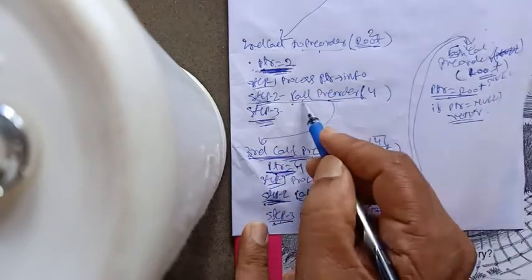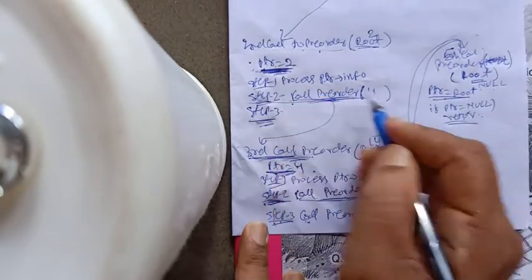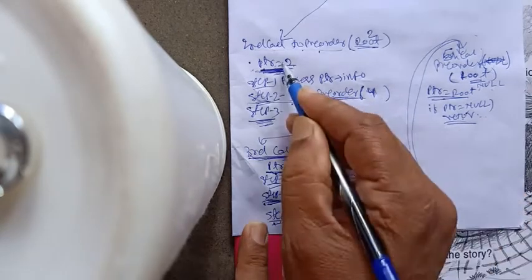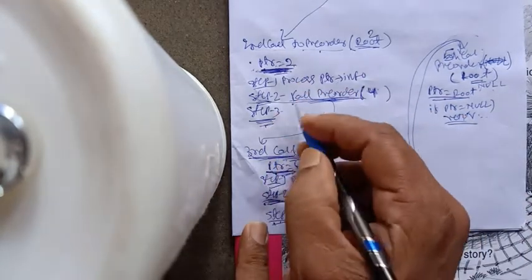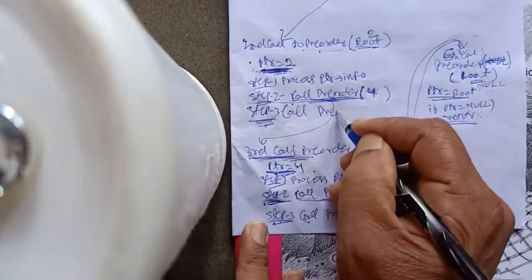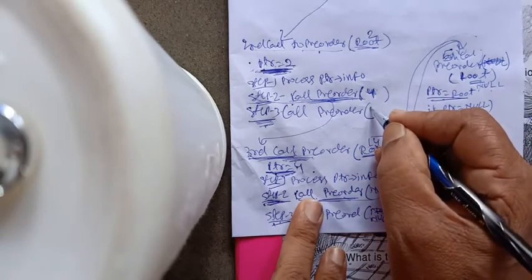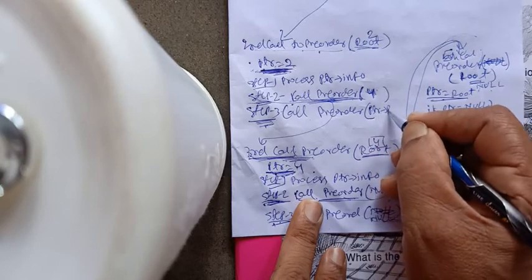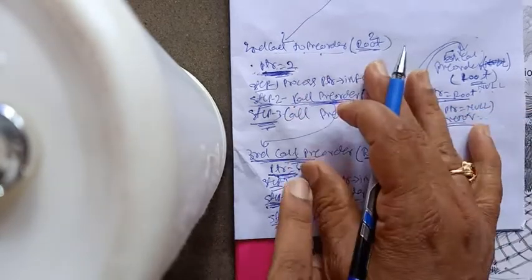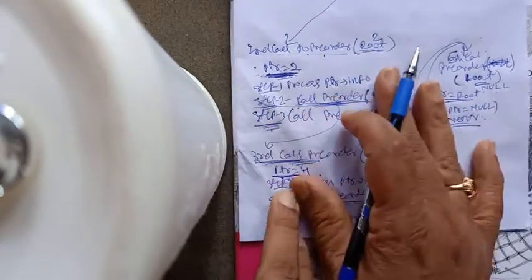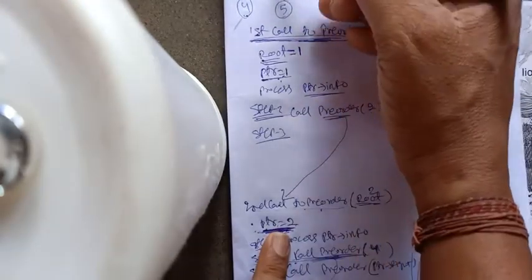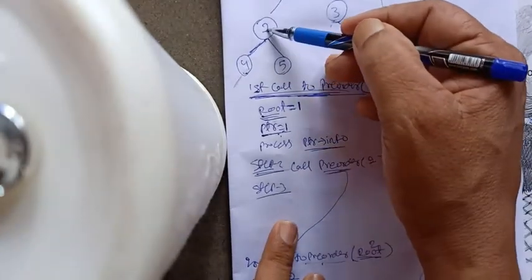We only traversed the left of 2 by passing 4. Now in step 3, we call preorder on the right of ptr. Ptr here is 2, so the right of 2 is 5.